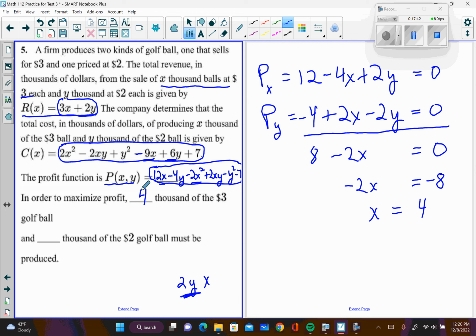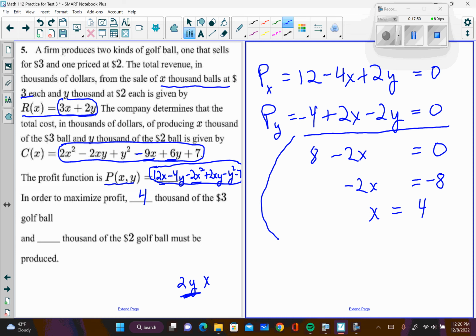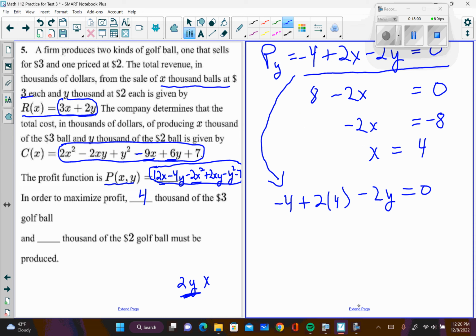To get y, we replace x with 4 in either one of these equations. I'll take the bottom one. You could use the other one if you want. Negative 4 plus 2x, we now know that x is 4, minus 2y equals 0. That's negative 4 plus 8 minus 2y equals 0.